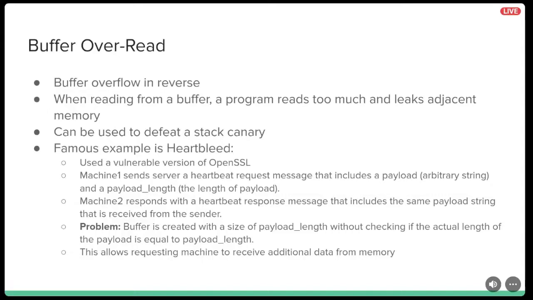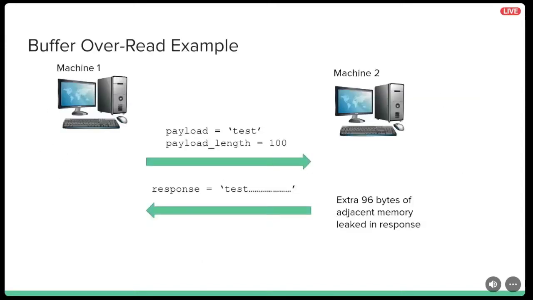So you can give it a payload length much greater than the actual payload you sent, and get the second machine to send more data than the size of your payload, leaking adjacent memory. I have a simplified example. Say our payload is "test", that's 4 bytes. If I say the payload length is 100 bytes, then when machine two responds, it's going to give me my 4 bytes of "test" and then 96 extra bytes.